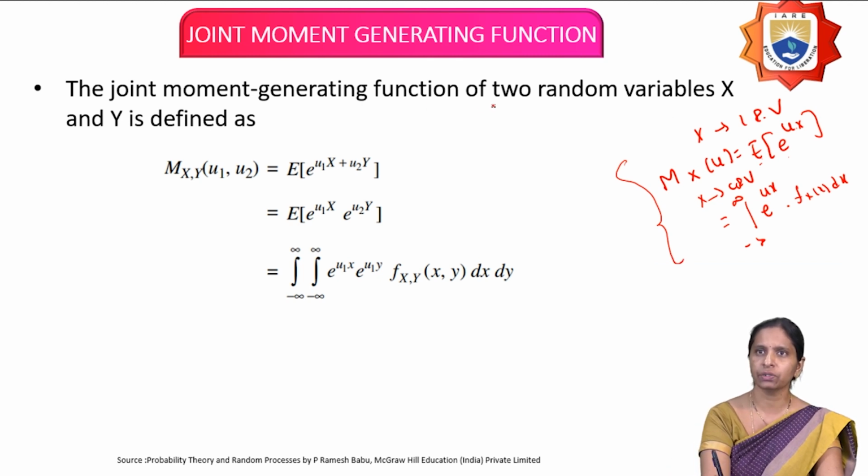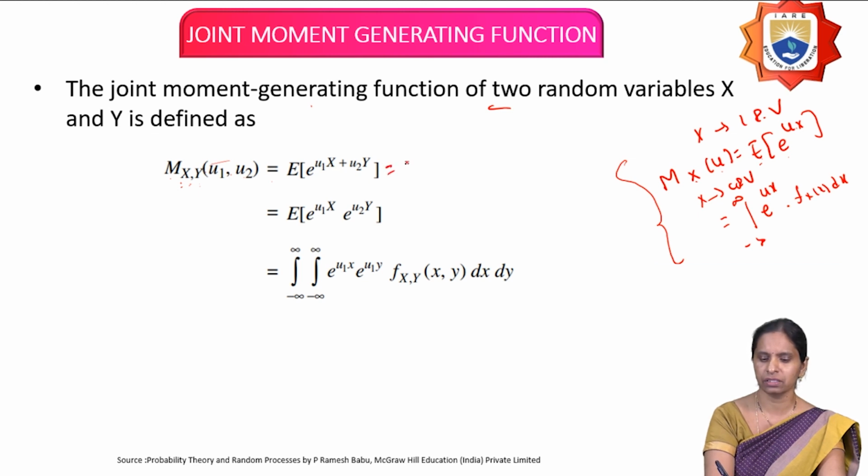Now, I am considering two random variables. Therefore, I can write the joint moment generating function of the two random variables. If you have a single random variable, it is mx, or for random variable y, my of v. But if you have two random variables, you write Mx comma y of u1 comma u2 is equal to the expectation of e power u1 x plus u2 y.